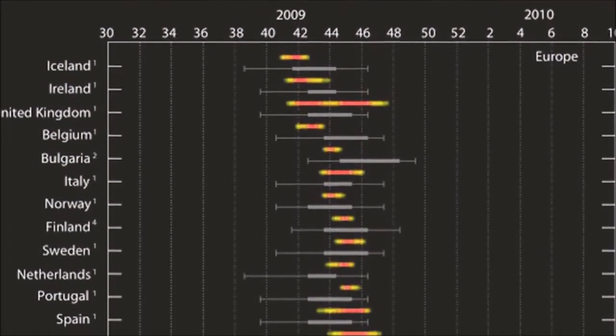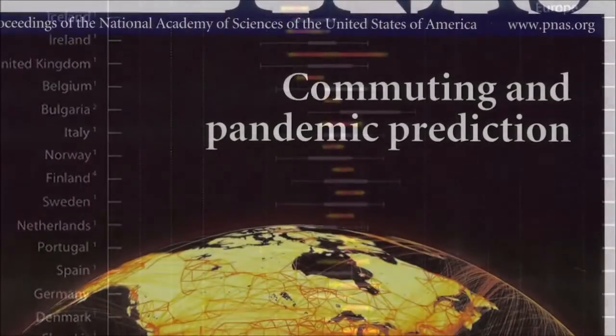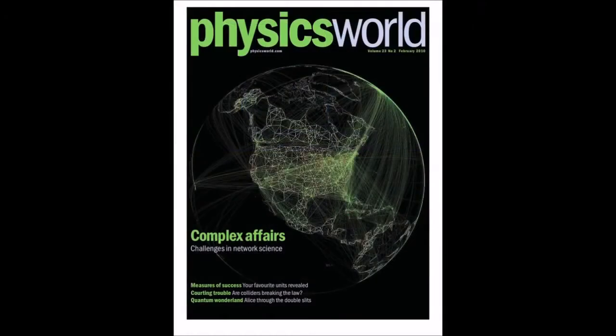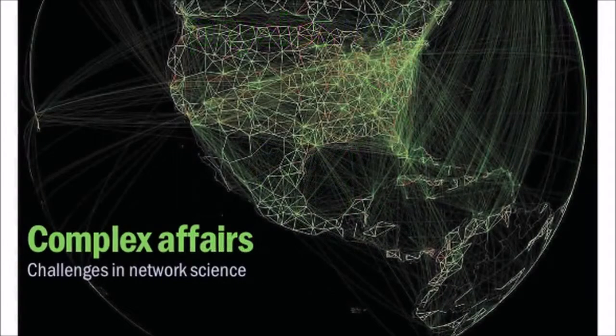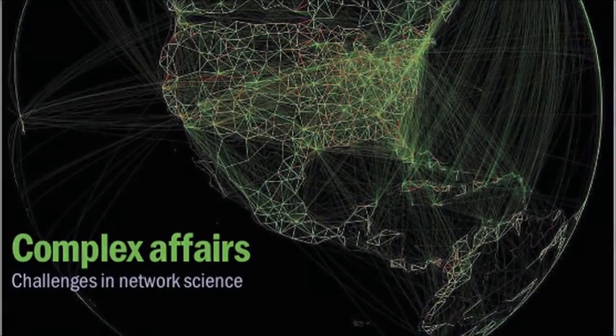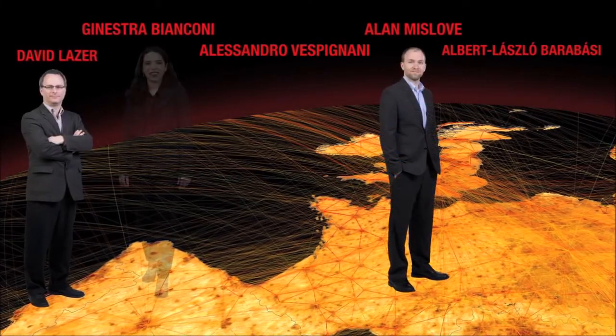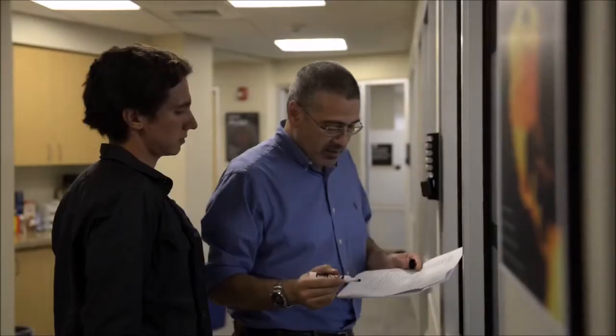Now we can see that our computational models, the data that we integrate and the knowledge that we have accumulated on the spreading of diseases is finally being recognized for achieving predictive powers. At this moment, what we have here at Northeastern is a concentration of the most prominent people in the field. This is where things are happening. And somehow, what I feel is that we are living some kind of a revolution.